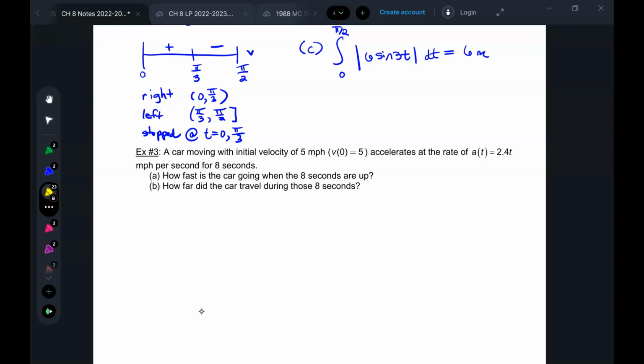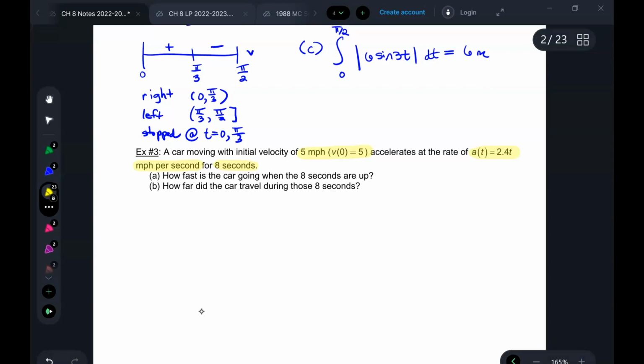Okay, so we have a car moving with an initial velocity of 5 miles per hour. That means v of 0 equals 5. It accelerates at the rate of 2.4 t miles per hour per second, note the units, for 8 seconds. Okay?